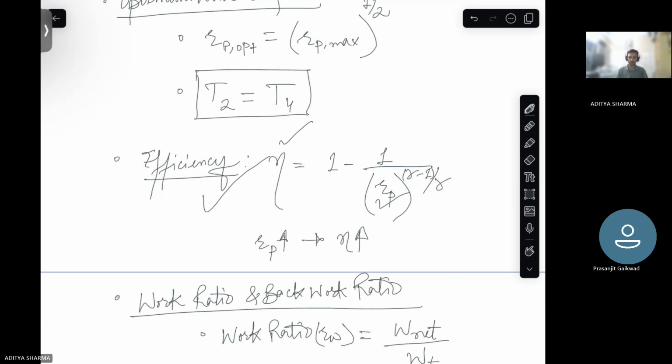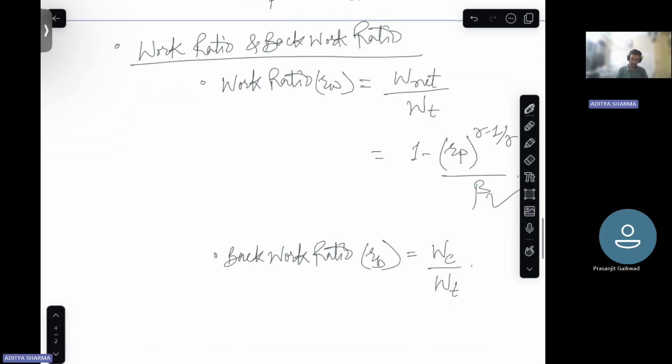All right. Then for your work ratio, if you see it in terms of pressure ratio, if you increase the pressure ratio here, the second term, the right hand side term, increases. In that case, RW will reduce.